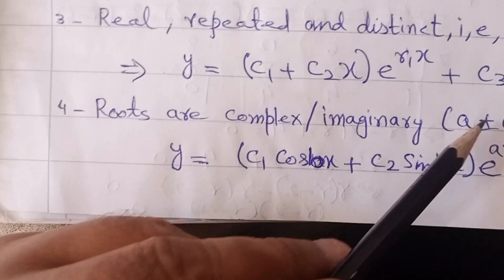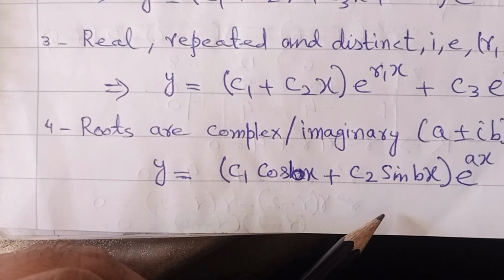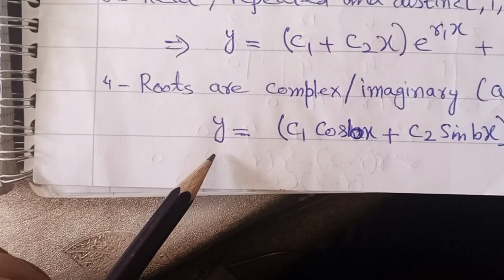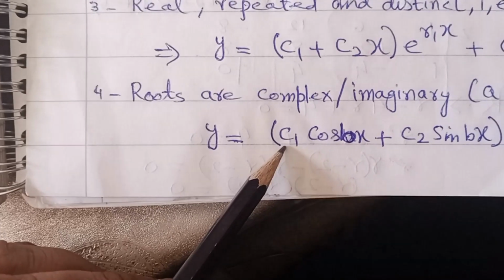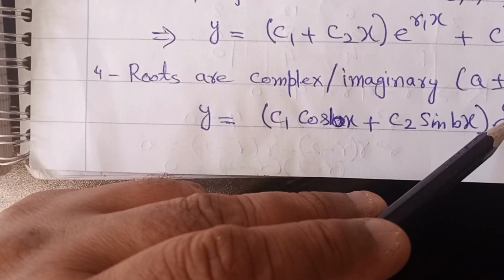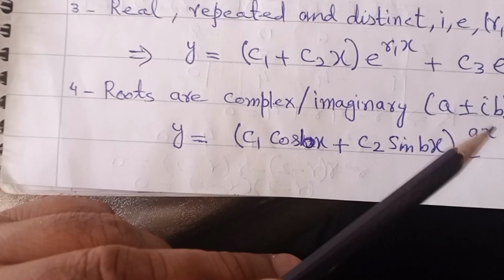For example, a plus iota bx. This is the complex number. So in that case, you can write the solution of the differential equation in such a way that y is equal to c1 cos bx plus c2 sin bx into exponential ax, from where you will obtain the values of b and a.